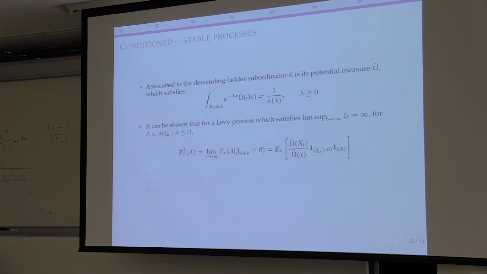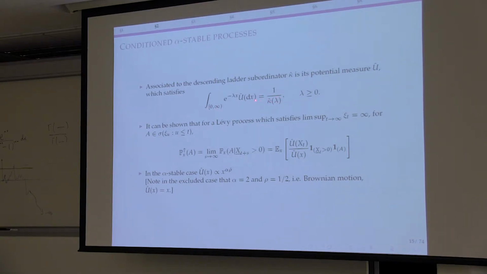Just like Brownian motion, to condition to stay positive, I mean it in this sense, and the limit appears as a Doob h-transform, but no longer with x as the martingale function, now with the descending ladder potential. So it means 1 over the descending ladder exponent.